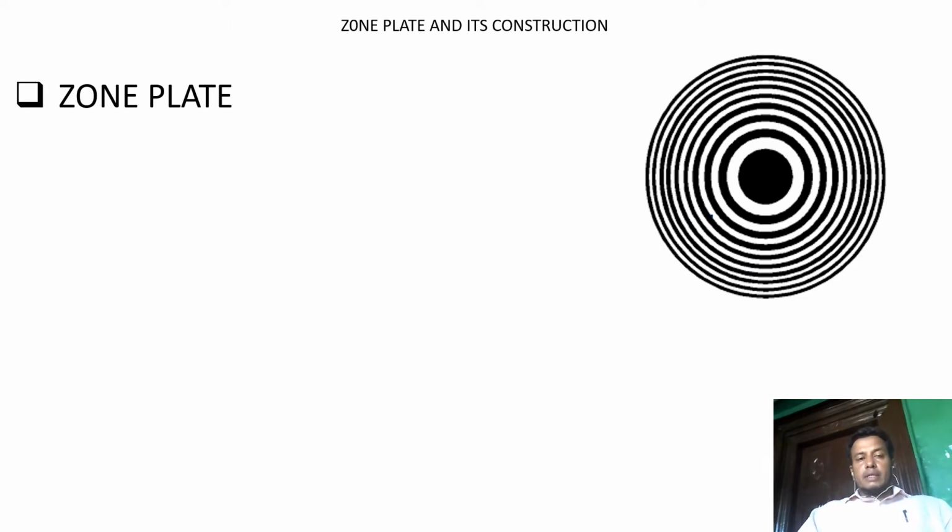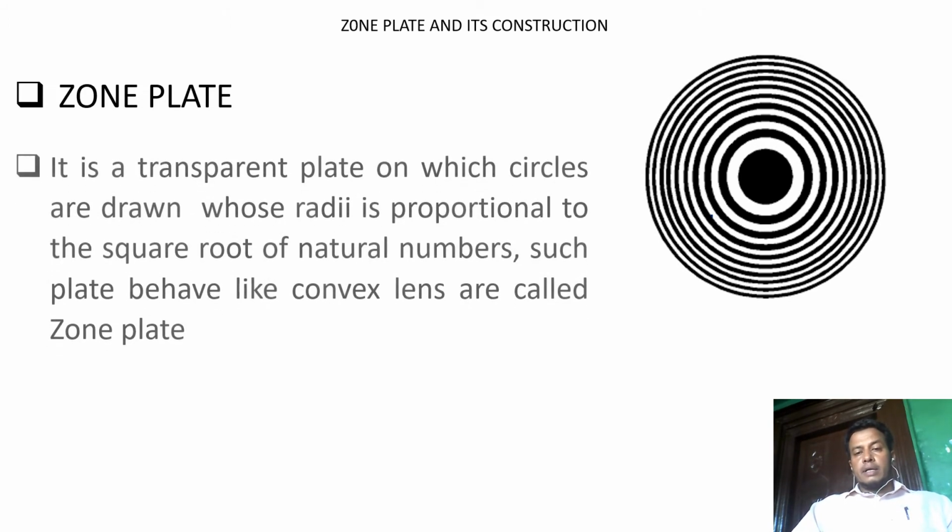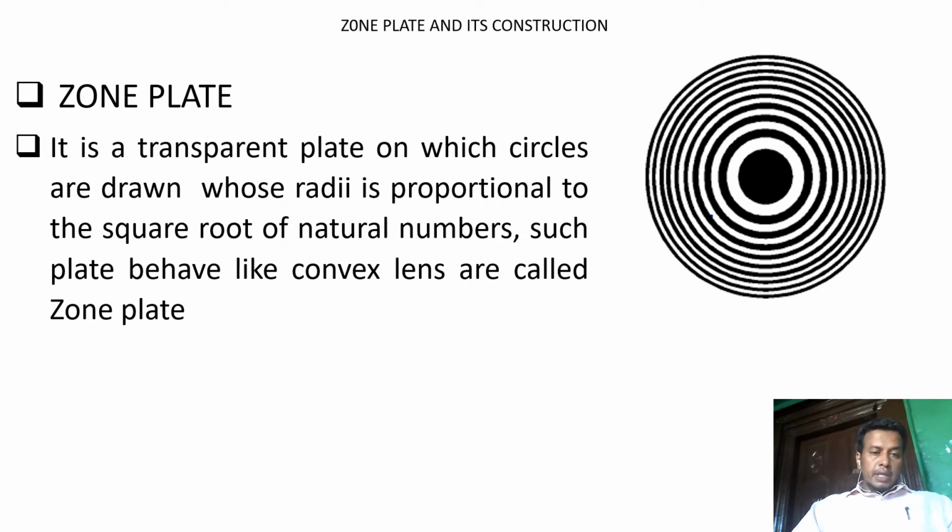The concentric circles can be drawn on a transparent material, and each circle is at some distance from the center, proportional to the square root of the natural numbers. This zone plate behaves like a convex lens.